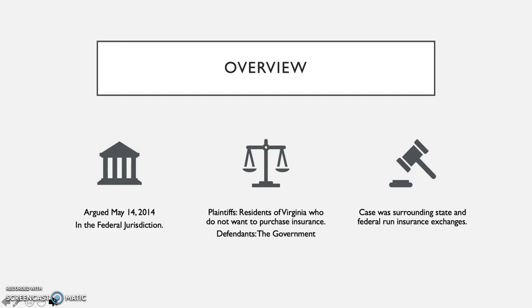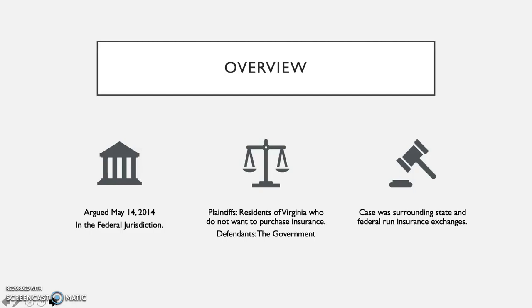So the main argument for the Virginia residents was the federal agency's statutory authority and the violation of the Administrative Procedure Act. The residents also argued that they would encounter a financial burden if they were forced to purchase insurance under the tax credit, or if they were made to pay the penalty for not having the minimum coverage required.